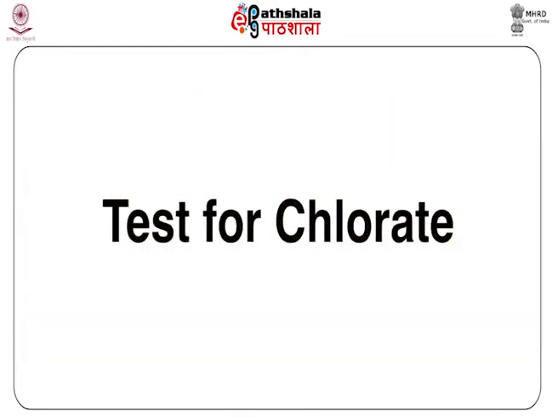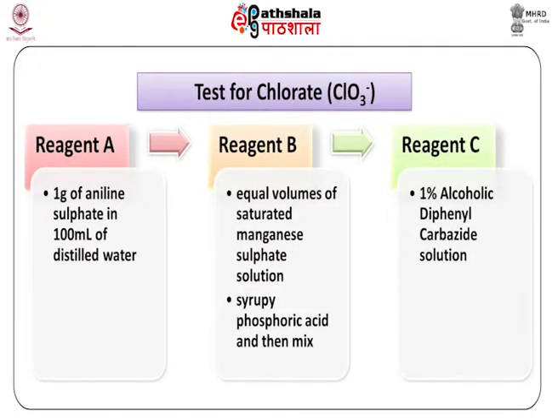Test for chlorate. To confirm the presence of chlorate in the given sample, we will have to prepare the following three reagents. Reagent A. It is prepared by dissolving 1 gram of aniline sulfate in 100 milliliters of distilled water.